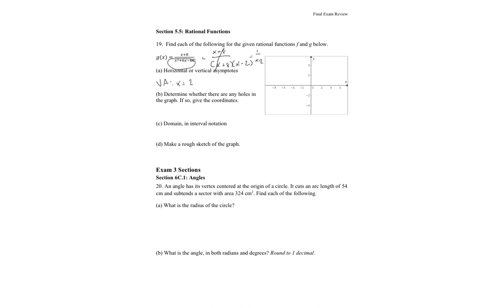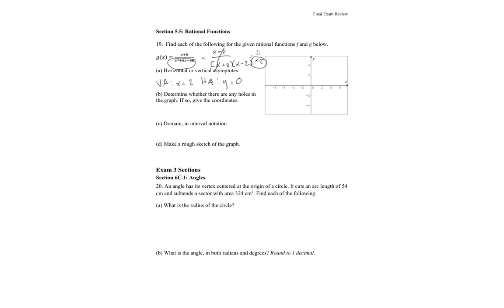And then we know that we can't ever get 0 for our function. So we're going to have a horizontal asymptote at y equals 0, since the power of x on the bottom is greater than the power of x on top. So horizontal asymptote at y equals 0.